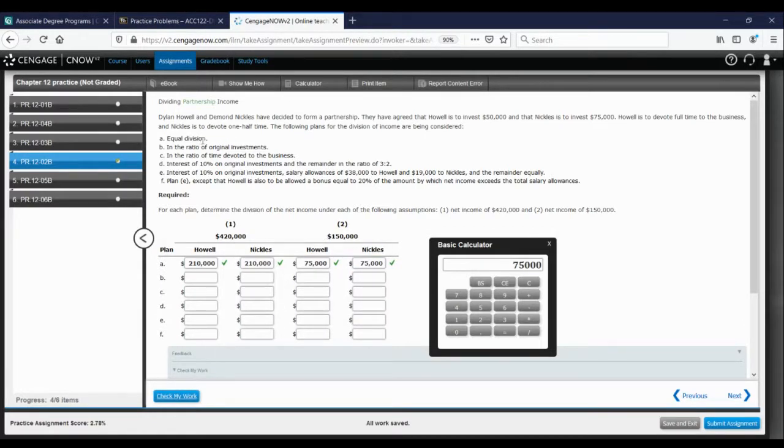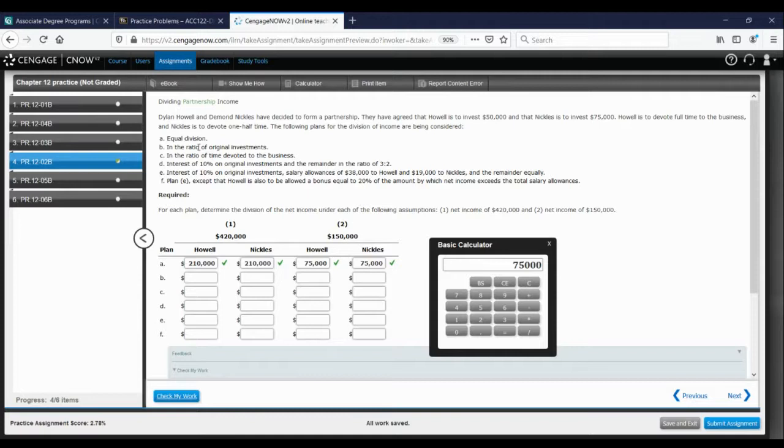So in this particular problem, part A just wanted you to share the net income equally between the partners. You might remember from the last lecture that partners who start a partnership form of business should have a partnership agreement.